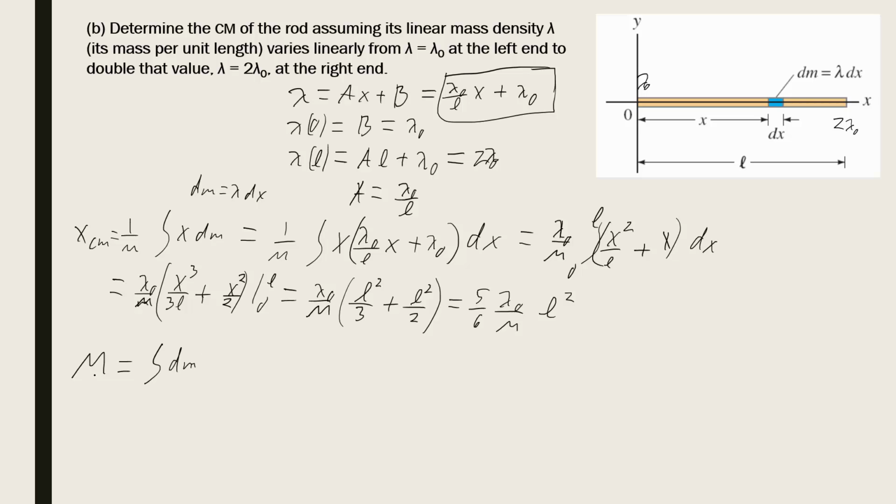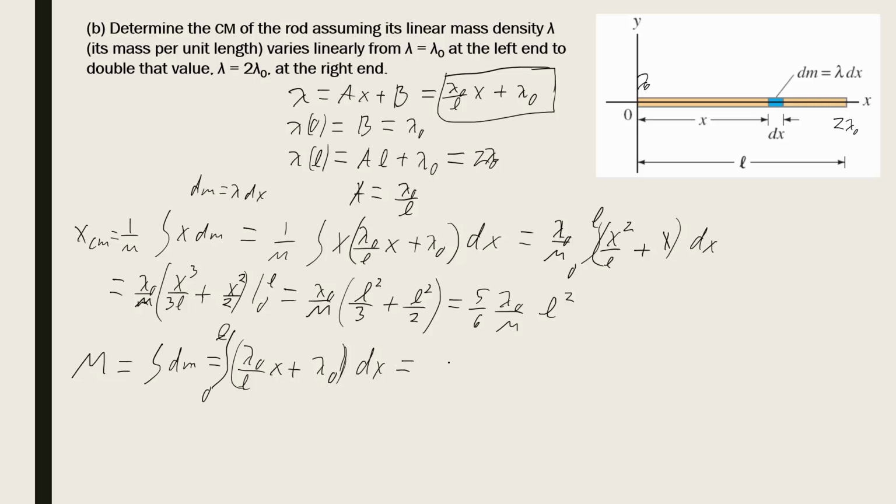Okay, so this is going to give us our total mass now. And we can substitute in this same expression here, where lambda is lambda naught over L x plus lambda naught. So all of that is our lambda times dx, and we're going to integrate that also from 0 to L because we want the total mass of the rod.